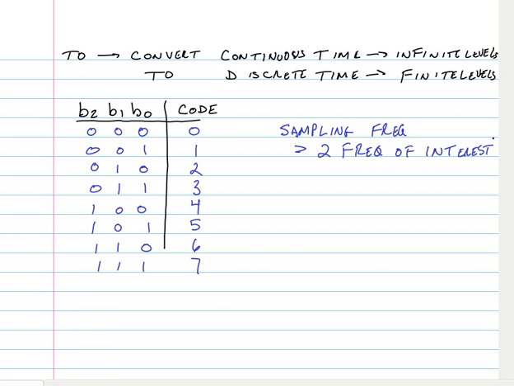This is so that we can reconstruct that maximum frequency. So for instance, for our audio signals, if our maximum frequency of interest is 20 kilohertz, we would need a sampling frequency that was greater than 40 kilohertz. And in fact, in most of your CDs, the CDs are sampled at about 44 kilohertz.